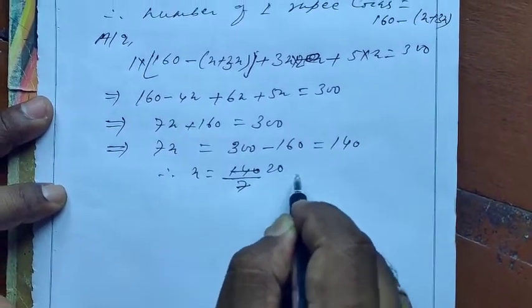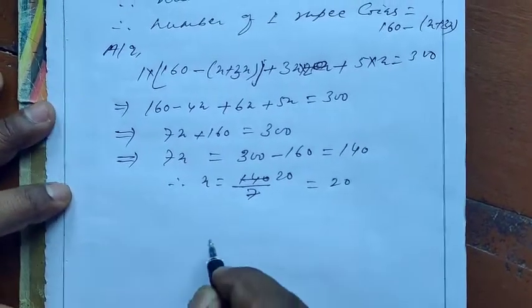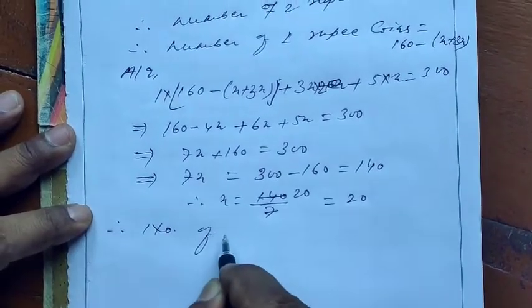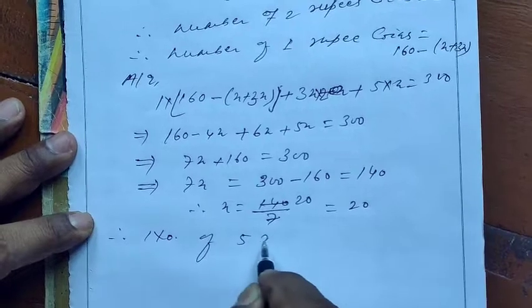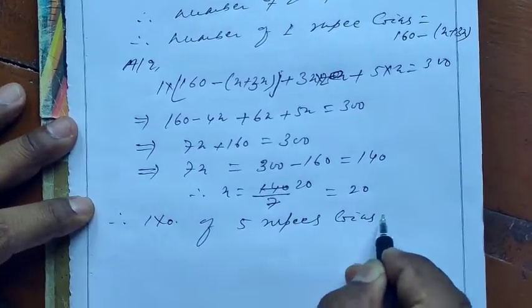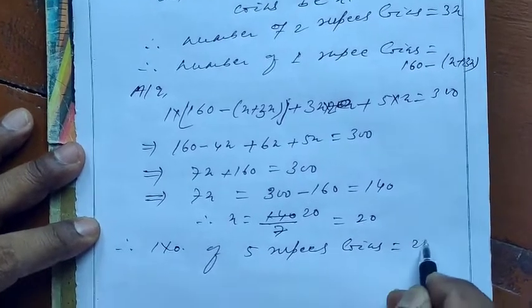The value of x is 20, and therefore the number of 5 rupees coins is equal to 20.